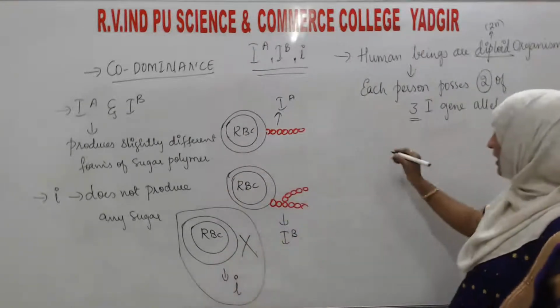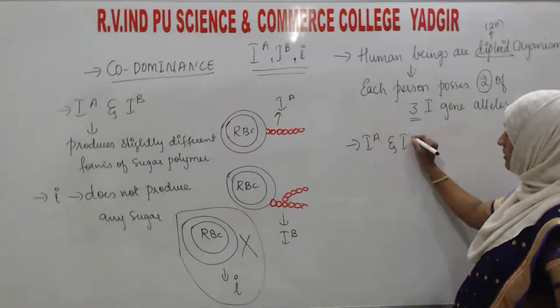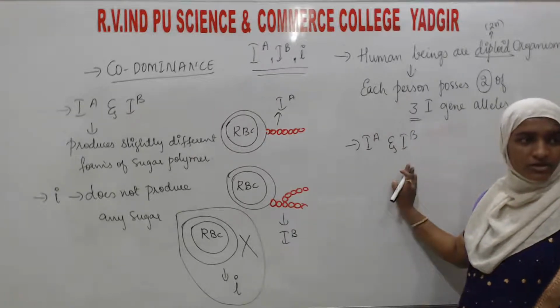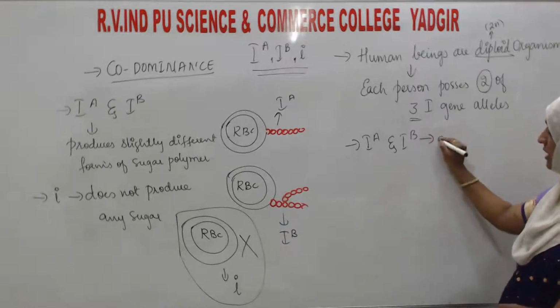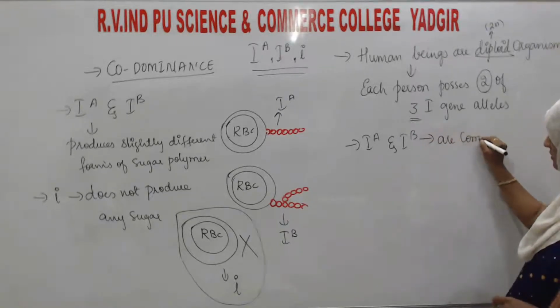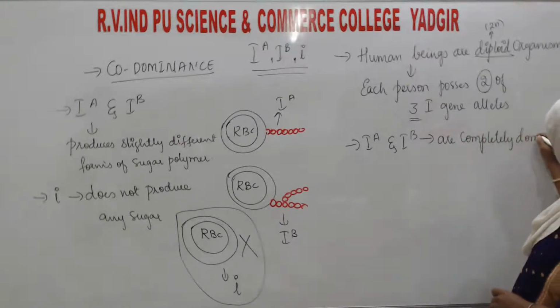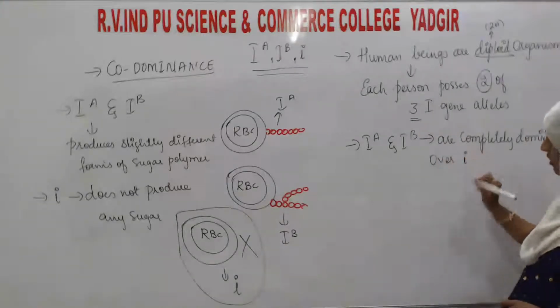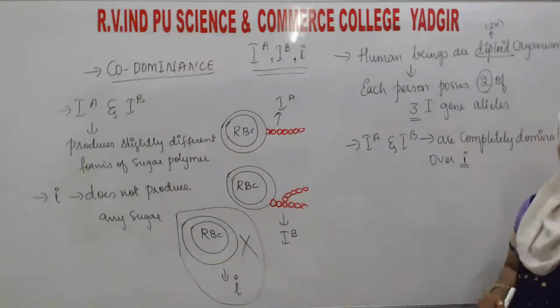Here IA and IB, these both are completely dominant over which gene? That is the small i, and small i is the recessive one.